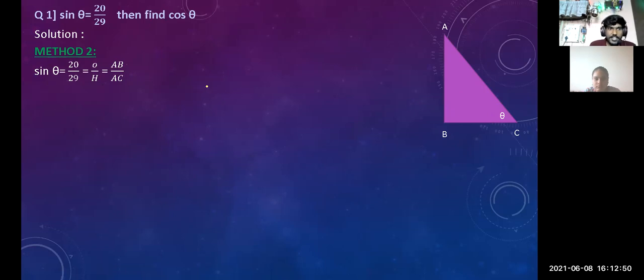Okay, so we'll take it like this: 20 upon 29 equal to AB upon AC. Since all this is equal, I'm just taking this equal to this. Fine?